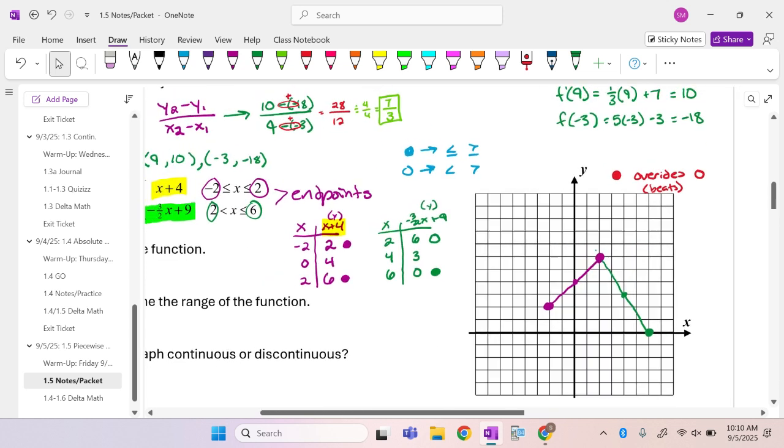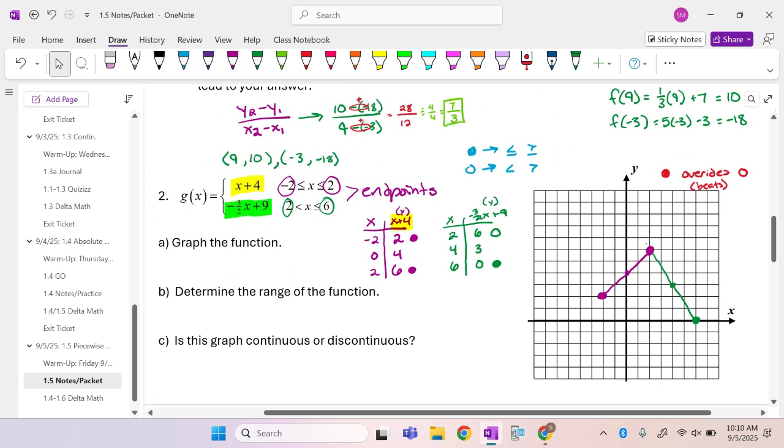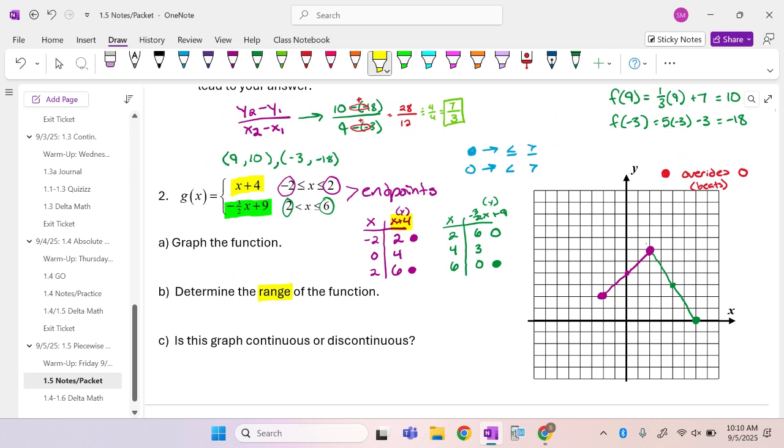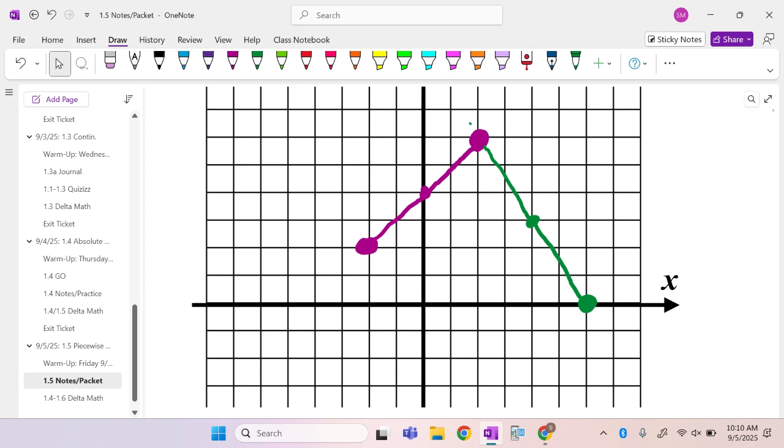Now, let's answer these questions. So, what is the range of my function? All right. So, range, that is what values, x or y? Those are your y values. All right. So that means I'm going to take my pencil and I'm going to find my lowest y value to my highest y value. And that'll be my range. So if I'm running my pencil, what's my lowest y value at?